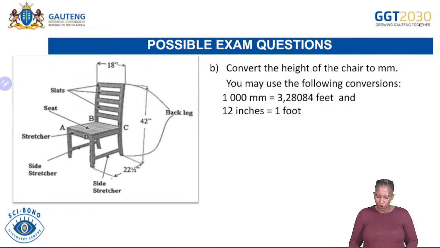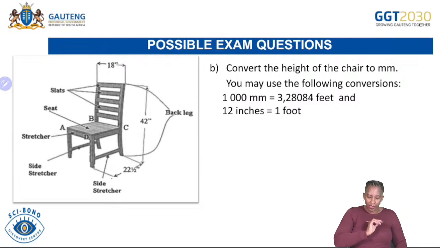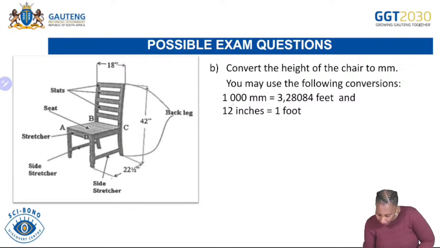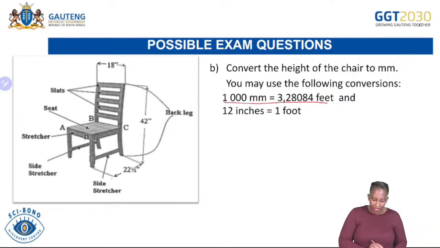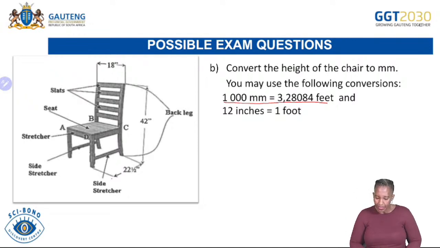Now, let's have a look at this one. It says, convert the height of the chair to millimeters. You are given what? The conversion table now. The conversion factor. As you can see, they are telling us that 1000 millimeters is equal to 3.28084 feet.